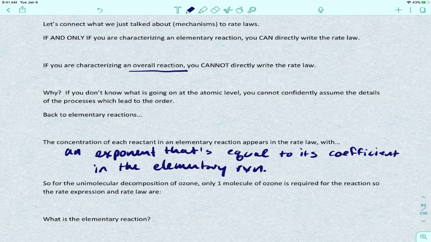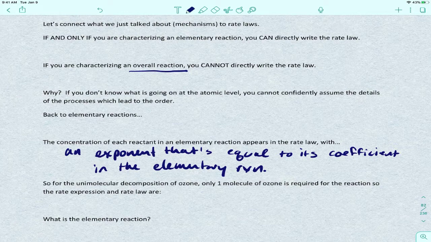Now, wait a minute. You're probably sitting there going, okay, Jim, wait a minute, because you said back when we were talking about the method of initial rates that you couldn't assume that.